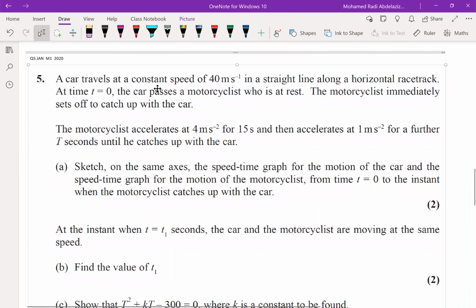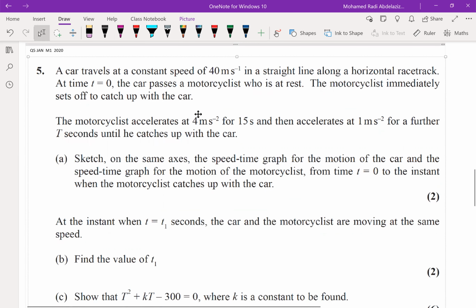A car travels at a constant rate of 40 meters per second in a straight line along a horizontal racetrack. At time t0, the car passes a motorcyclist who is at rest. The motorcyclist immediately sets off to catch up with the car, so at the same time.